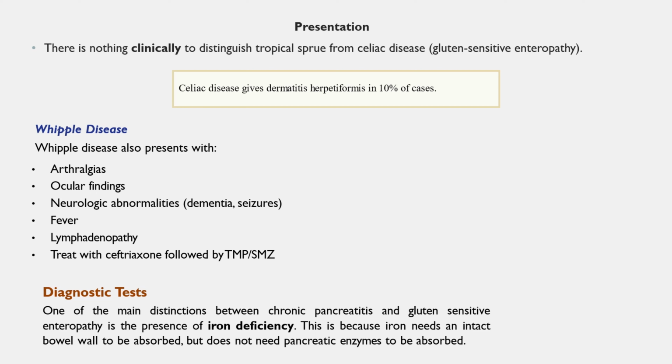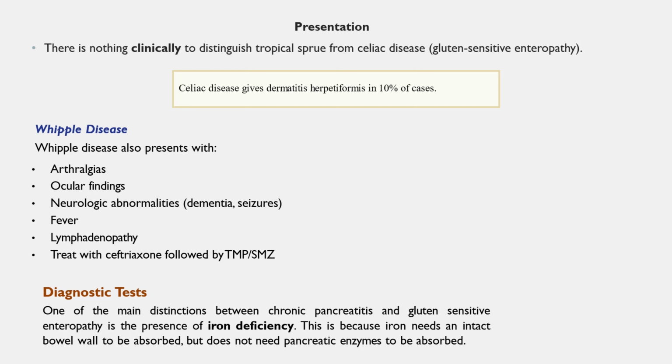The diagnostic test for this disease is very questionable. One of the main distinctions between chronic pancreatitis and gluten-sensitive enteropathy is the presence of iron deficiency.